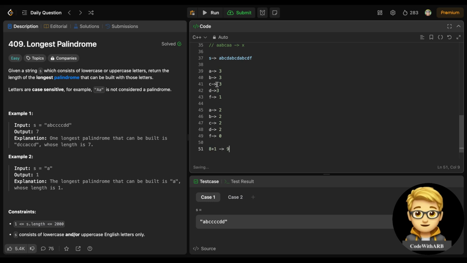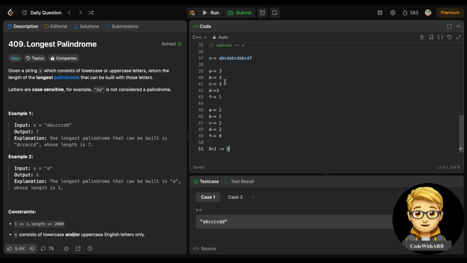So what I have done is take every character an even number of times. If it is present an odd number of times, then I will leave out one and only take the even number of occurrences. And at last, if anyhow I am left with any characters, I will take one character from that, and that will form the longest palindrome.